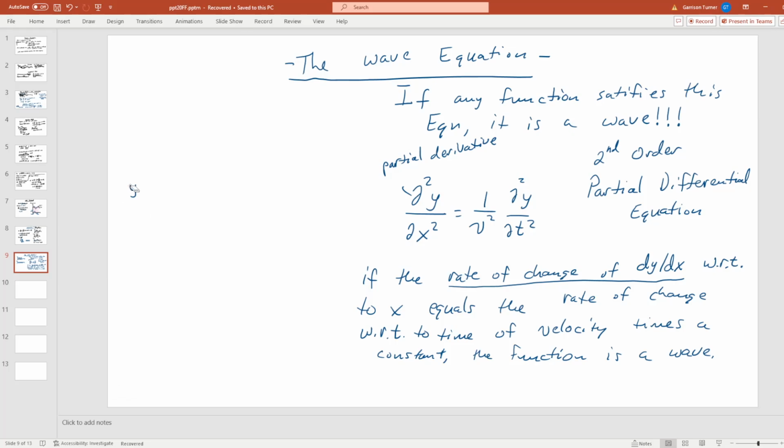It's the square wave. d dx, or partial x, means take the derivative of x and hold everything else constant.